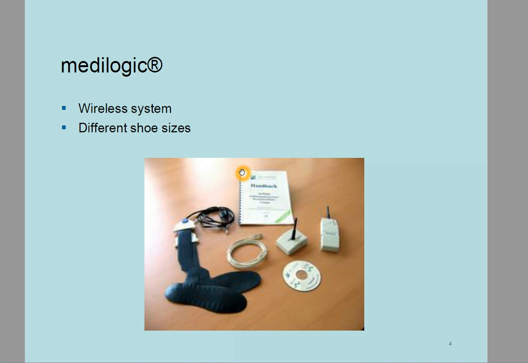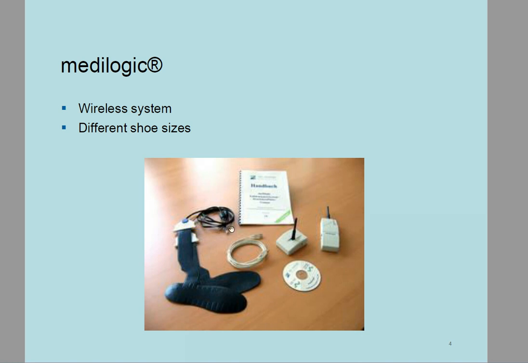So the system which was used is the wireless system from Medilogic. You can see there are the insoles. You can buy them in different insole sizes, in shoe sizes, and you have a sending unit and a receiving unit which you can plug into your PC. And now the system is without cables, so it's a wireless system.